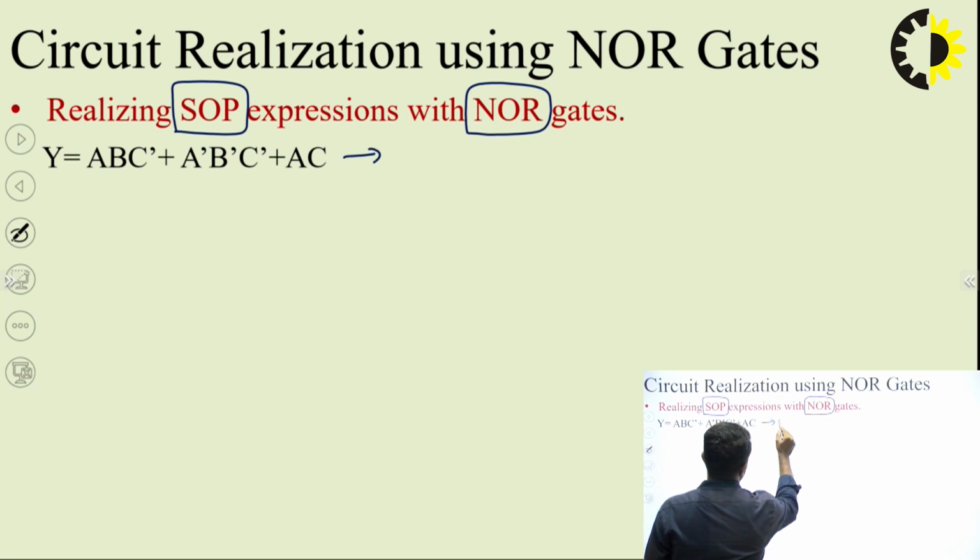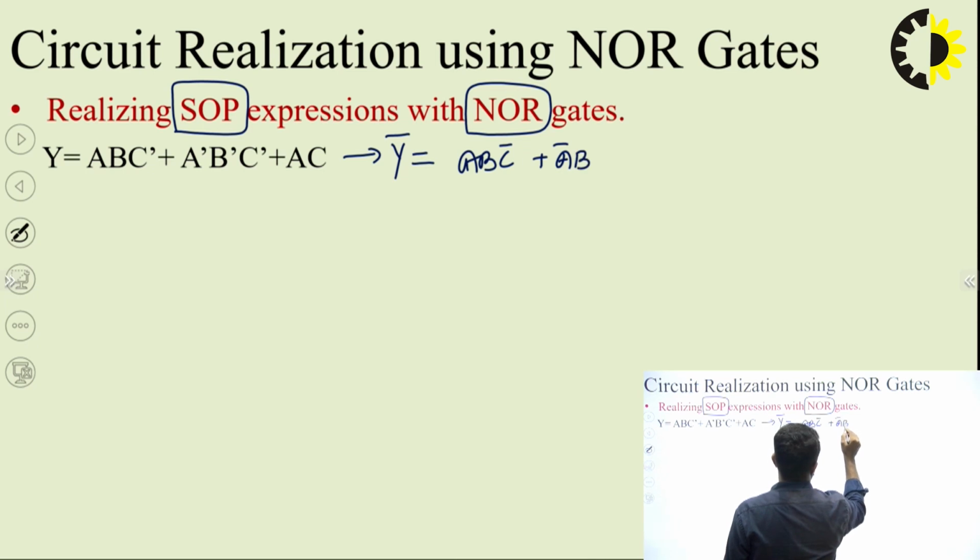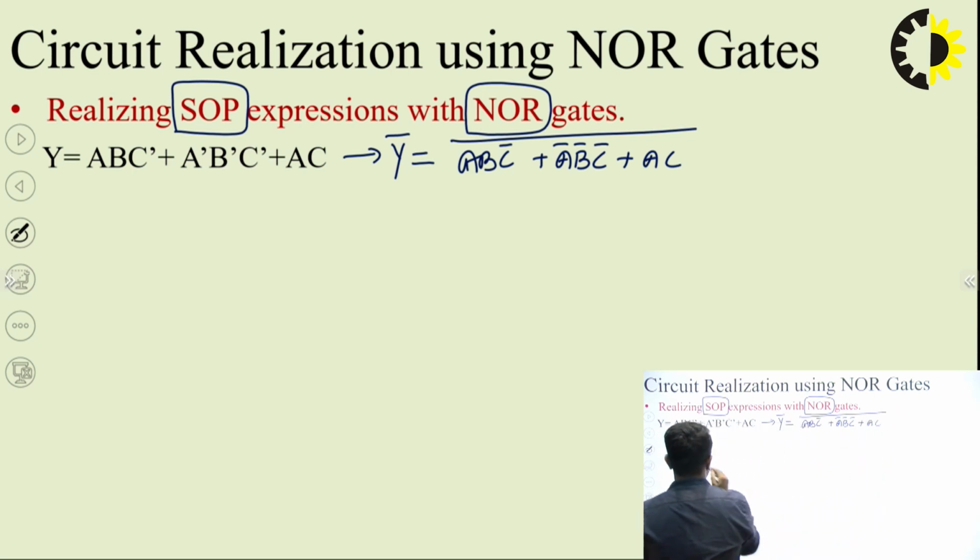So if I compute Y complement, that means AB C complement plus A complement B complement C complement plus AC, whole complement, then it will change to POS form.